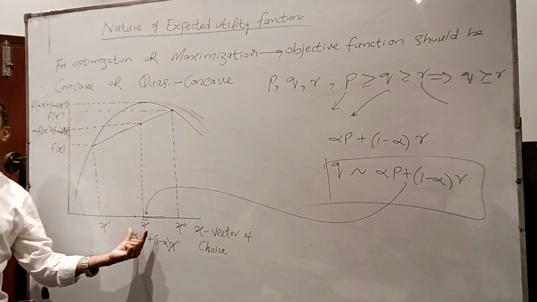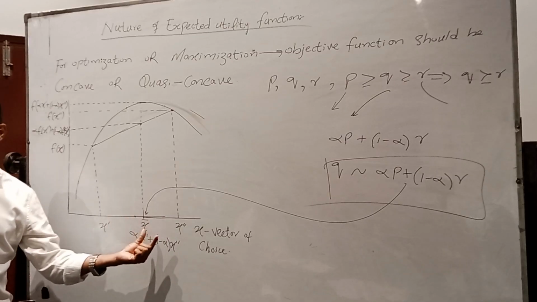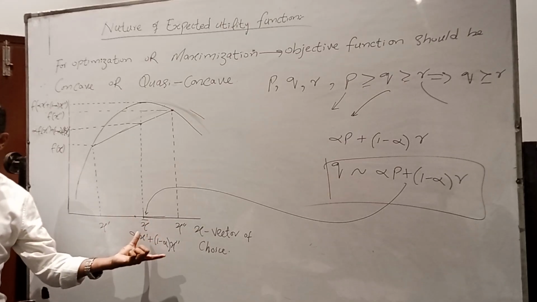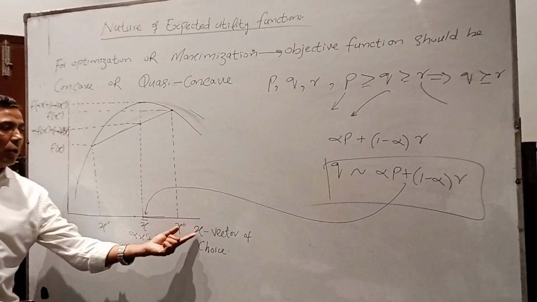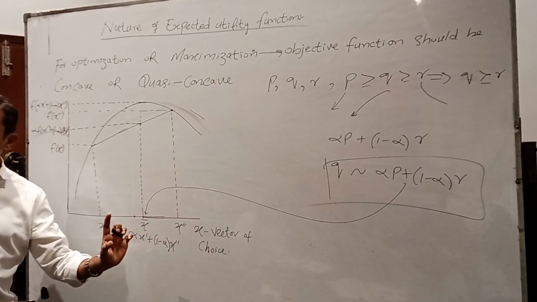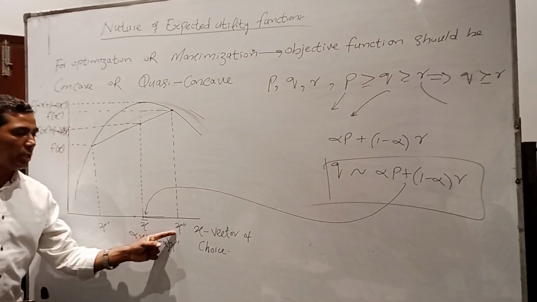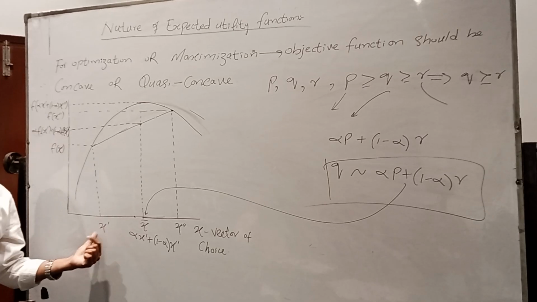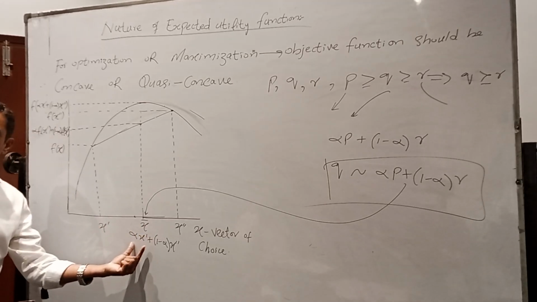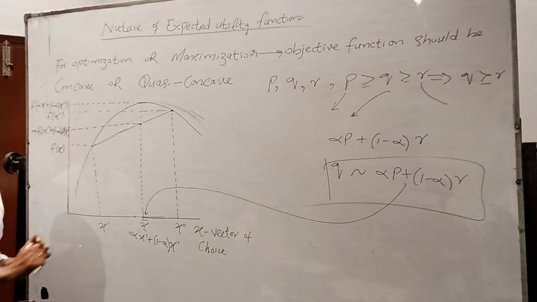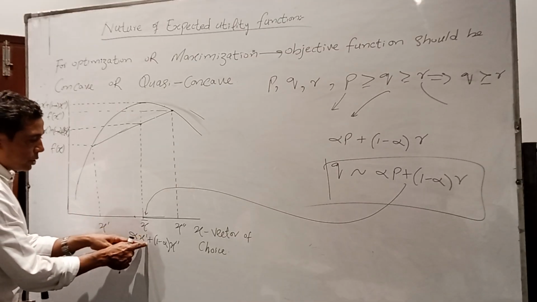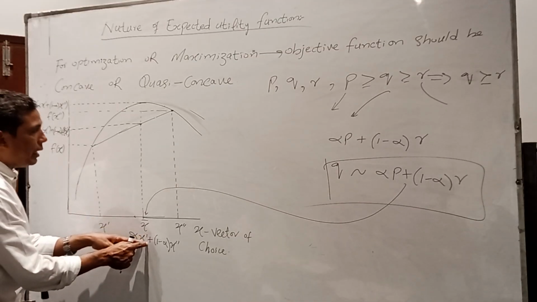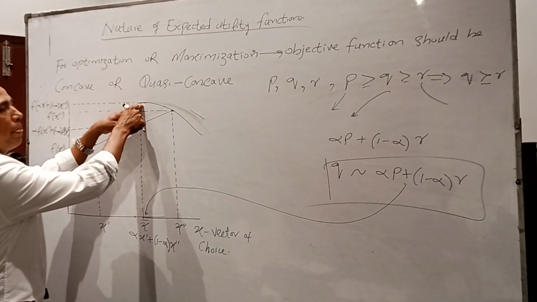It is the linear combination of two neighborhood points of its domain. Clear? The domain that belongs to vector x, the choice variable. So x double dash, x dash, and we take the linear combination. Clear? Right? Now that linear combination, when it lies here. Clear?